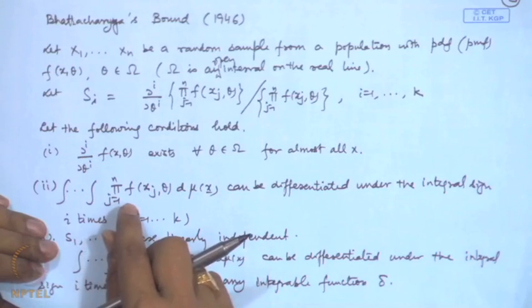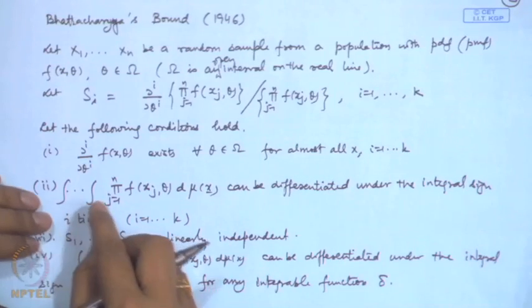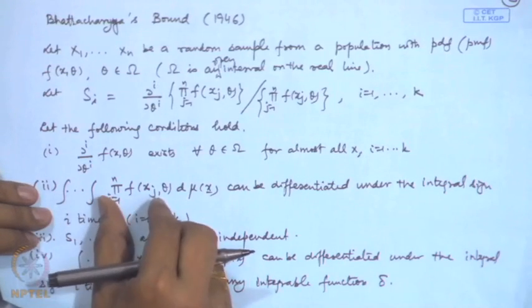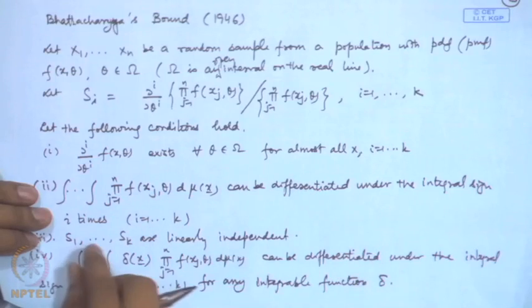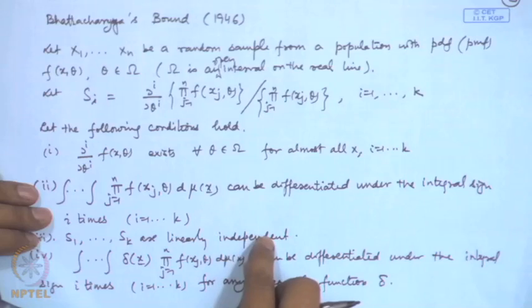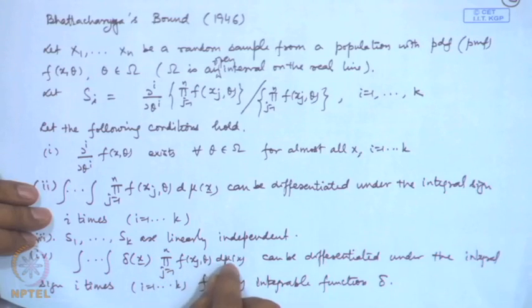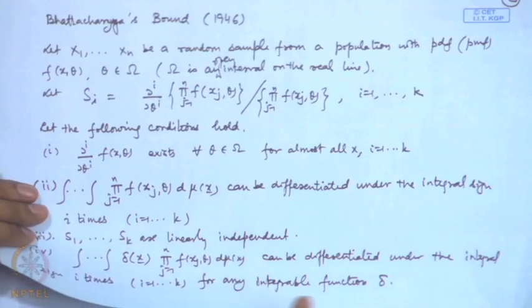This should be true for i equal to 1 to k. Then this integral we should be able to differentiate under the integral sign. Then the terms S_1, S_2, ..., S_k should be linearly independent, and for any integrable function delta(x) we should be able to once again differentiate this integral of delta(x) product of f(x_j, theta) d mu(x).